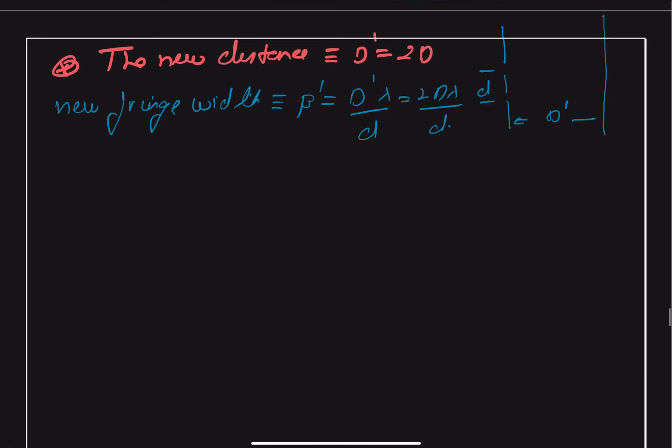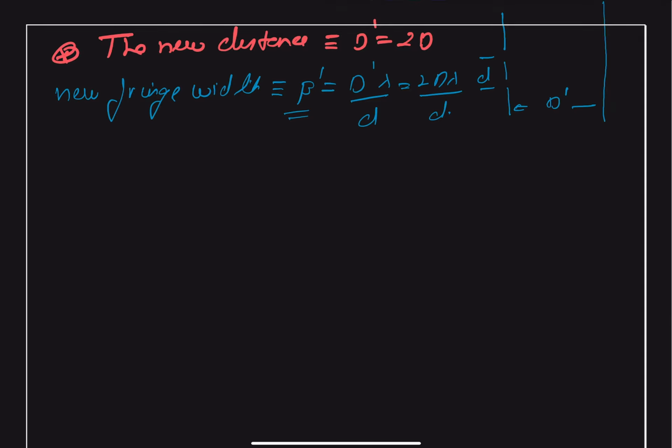It is given that the new fringe width, which is actually the distance between the maxima or minima, should be equal to the shift. So from the given question we should have that our S is equal to our beta prime.